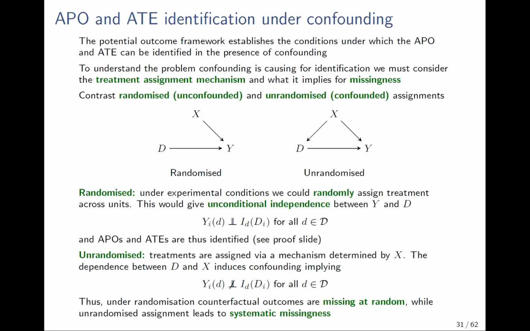And that means that under randomization, counterfactual outcomes are missing at random, while under unrandomized assignment, that leads to systematic missingness, the systematicness being determined by the confounding factors X, and that's really what's causing the problem. So unrandomized essentially means confounded in this setting.